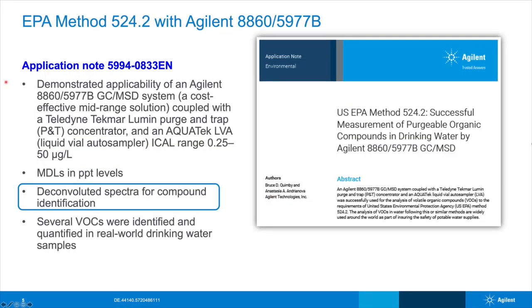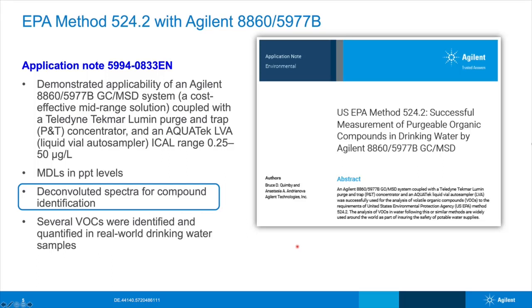This application note I wanted to point out, done by myself and Anastasia Andrianova, my colleague. In this case, this has all of the details regarding the work that I'm describing today.